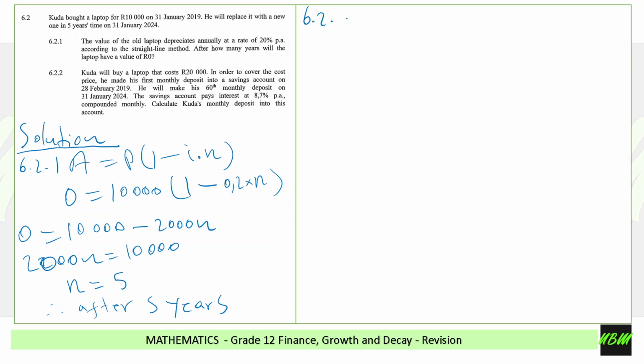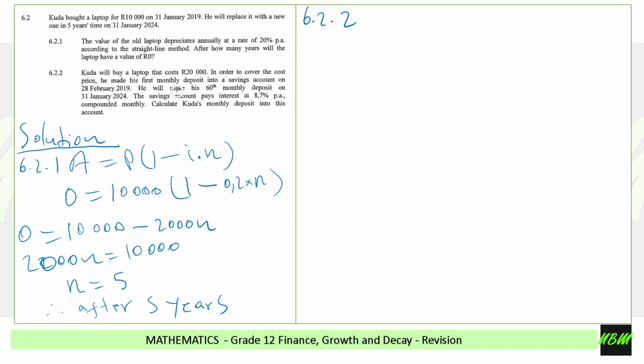Now question 6.2.2. Kuda will buy a laptop that costs 20,000 rands. In order to cover the cost price, he made his first monthly deposit into a savings account on 28 February 2019.